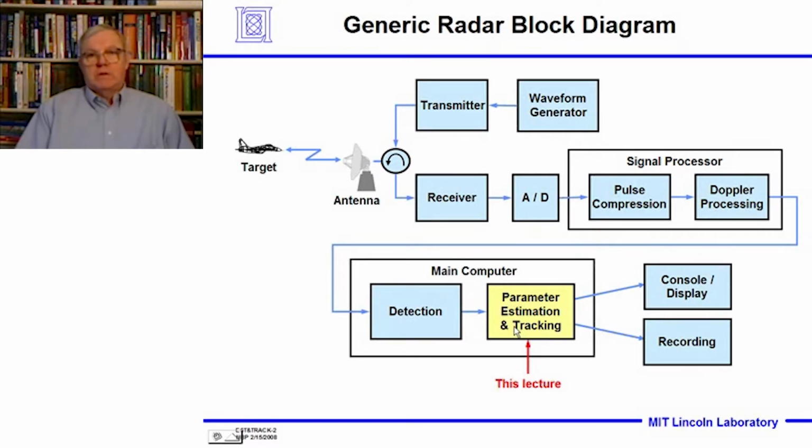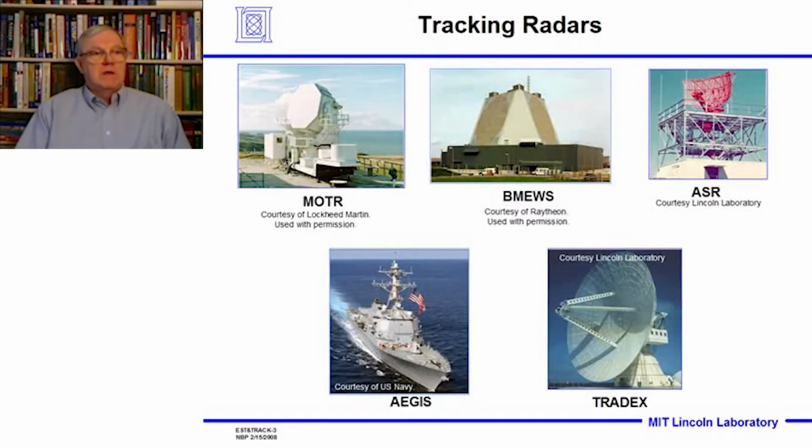And then we want to correlate those detections and those best estimates from scan to scan and get them all lined up, so see which ones belong to the same physical object in space and form what we call a track. And again, improve the estimate over and over as we increase the track length. And that's what we're going to be talking about in this lecture. So now let's move on.